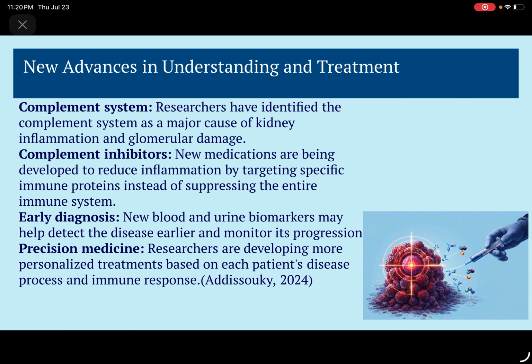Researchers are also studying new blood and urine biomarkers that may help diagnose the disease earlier. Another exciting area is precision medicine, which aims to provide more personalized treatment based on each patient's disease process instead of just prescribing medication.